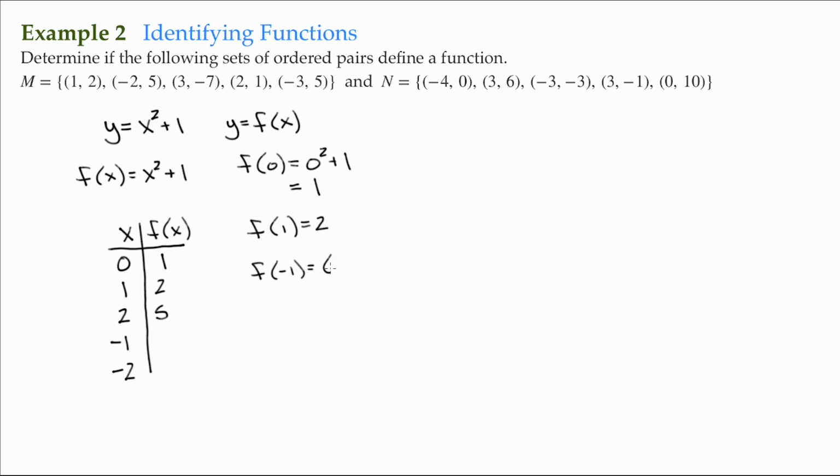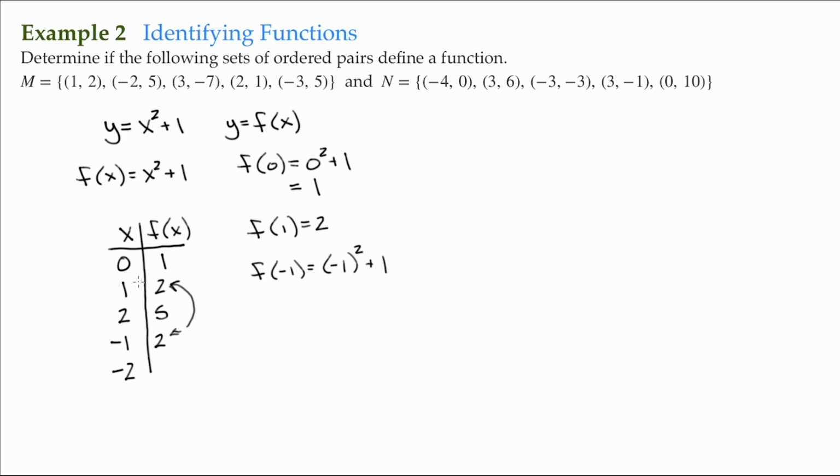But students sometimes get confused, because if we do something like -1, f of -1, that's equal to -1 squared plus 1. -1 squared, that's 1, and 1 plus 1 is 2. And students see that when you slug in 1, I get 2, but when I slug in -1, I also get 2. Well, that's okay.